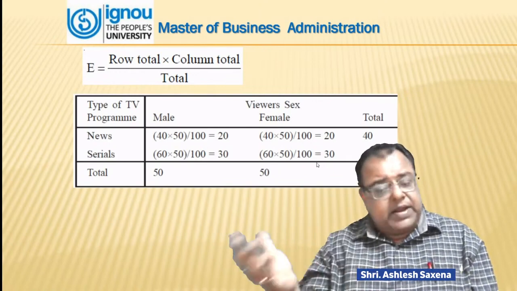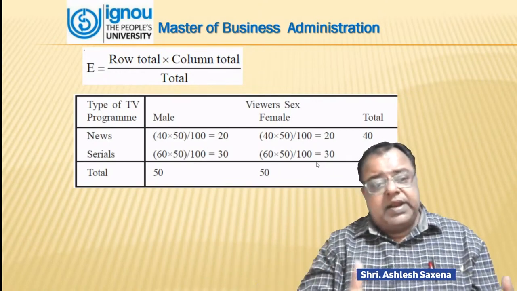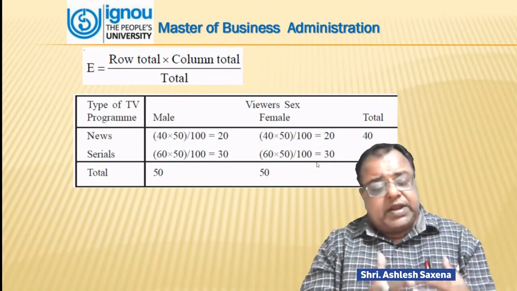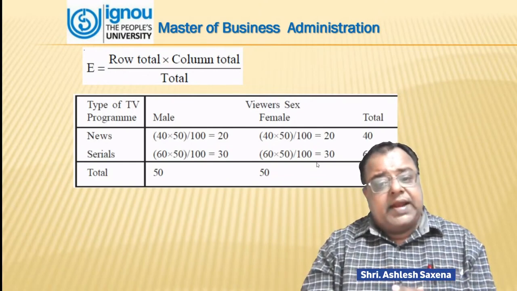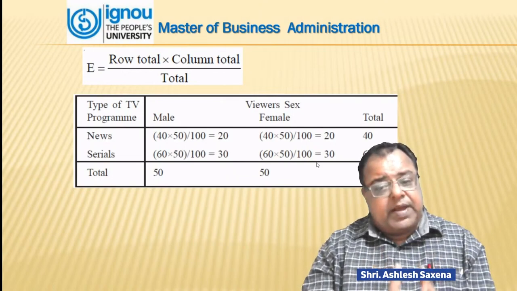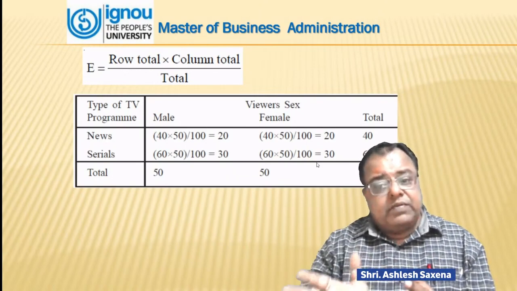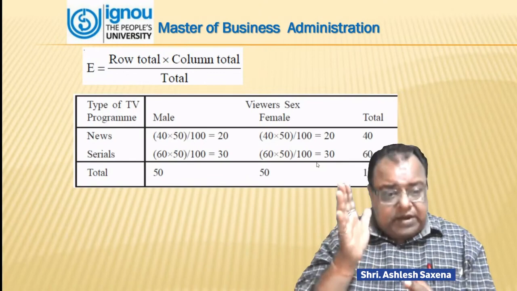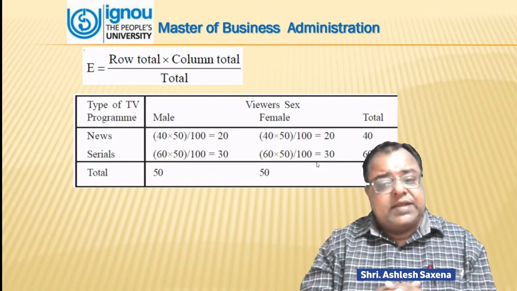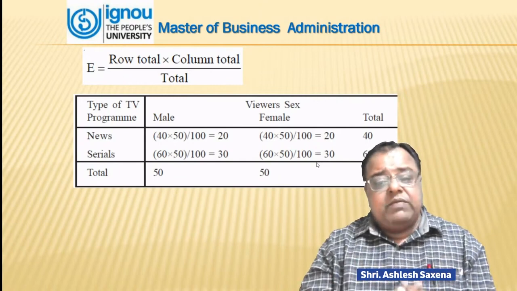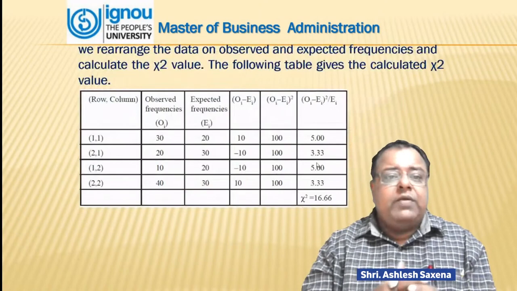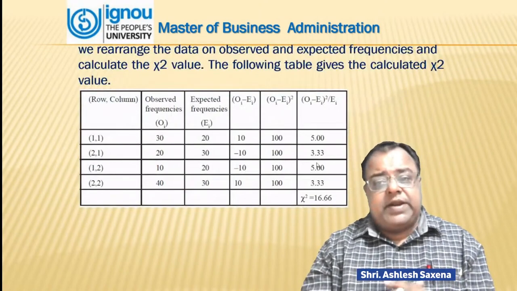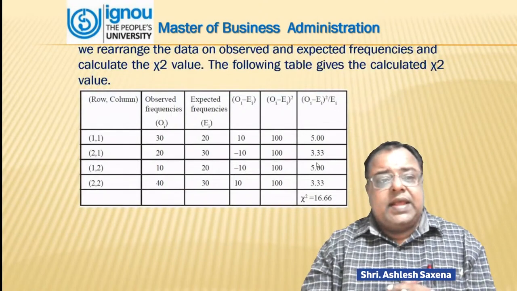And we sum up, it comes out to be 40. Similarly, for the serials, 60 into 50 divided by 100 is equal to 30. And 60 into 50 divided by 100, it is again 30, which is a total of 60. When we are totaling column wise, it is 100, and when we are totaling across the row, we are getting 100.